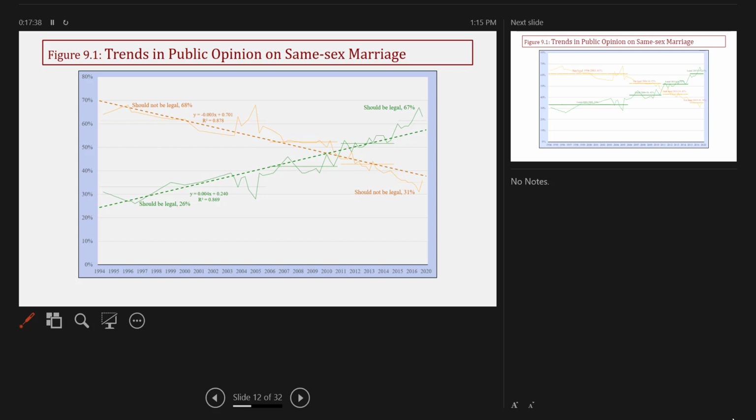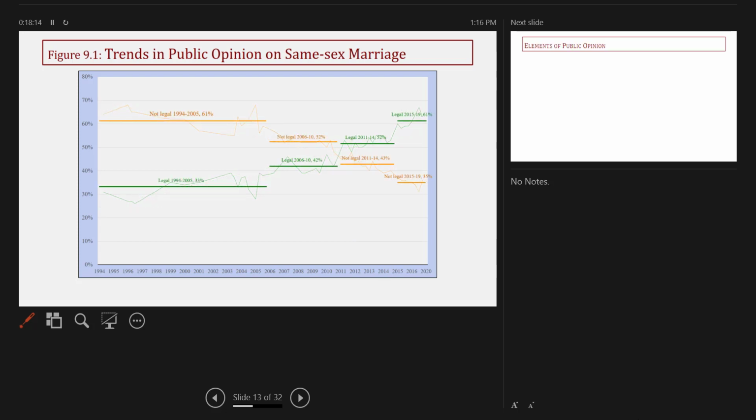I've drawn those same regression lines through here, and as you can see, the trend line of opinion on same-sex marriage not being legal has a negative slope, and the opinion on same-sex marriage being legal has a positive slope. And notice that there's always a clear difference, except in this period here where those two trend lines are crossing.